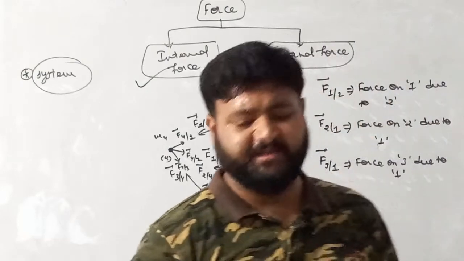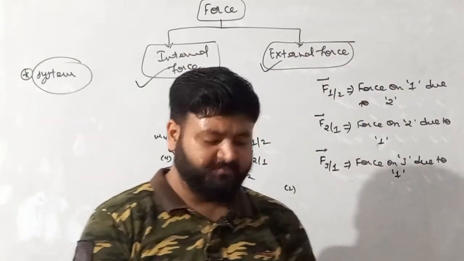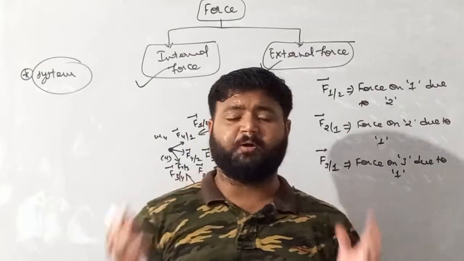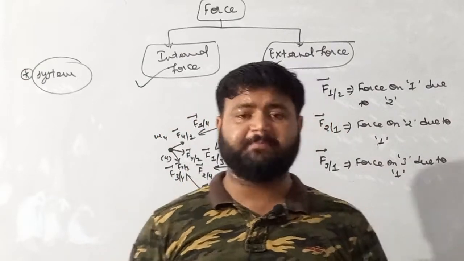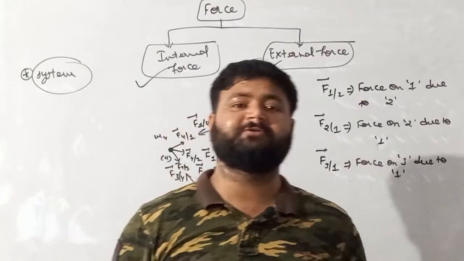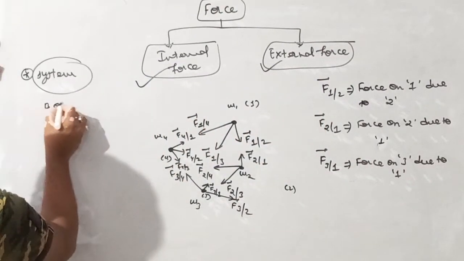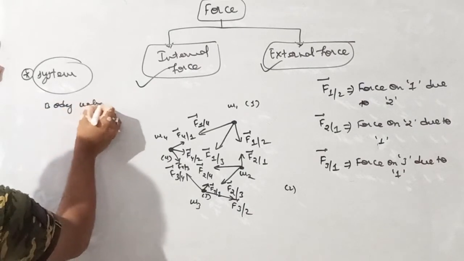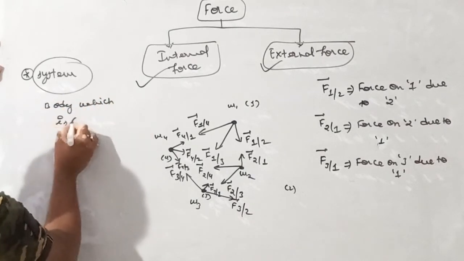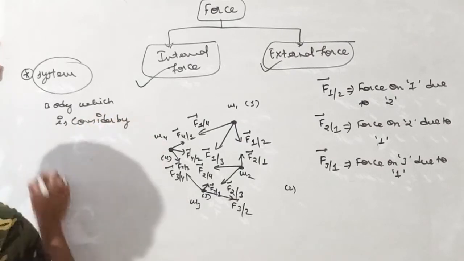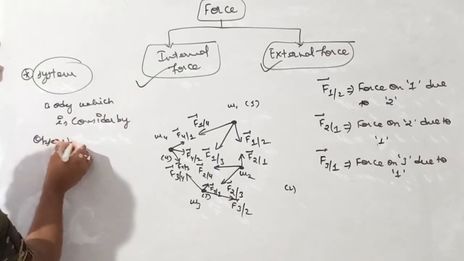System is basically, my dear student, in physics, for system there is no any rule. System means the body which will be followed by observer, or we can say the body which is observed by observer. I'll write here: body which is considered by observer.